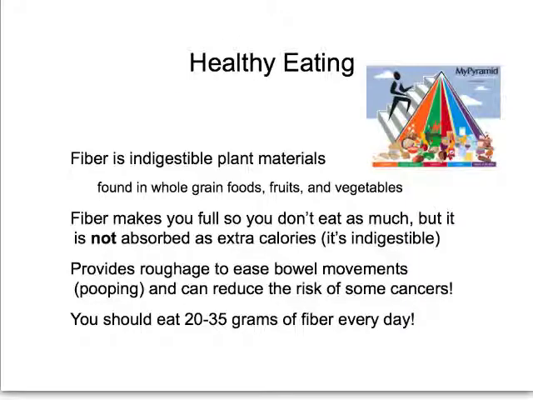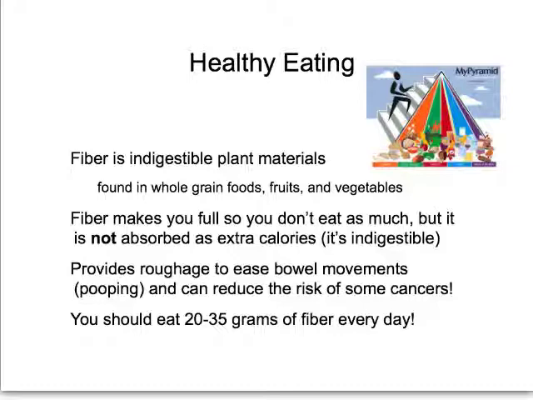All right. Another thing that's important to eat is fiber. Fiber is going to help your body maintain its regularity. Fiber is what we call indigestible plant material, and it's found in whole grains, fruits, and vegetables. Fiber makes you full, so you don't eat as much, but it is not absorbed as extra calories because it's indigestible.